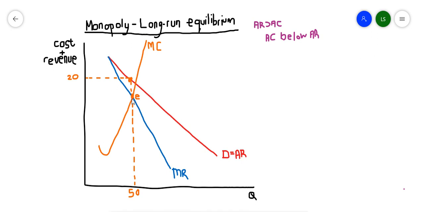At profit maximization, the price there, that boliki that I made on my demand curve, this is the value of my average revenue because my demand and my average revenue is the same graph. So this is the value of my average revenue at profit maximization point. So when I'm adding my average cost now, it has to be anywhere below this boliki, below the average revenue at profit maximization point.